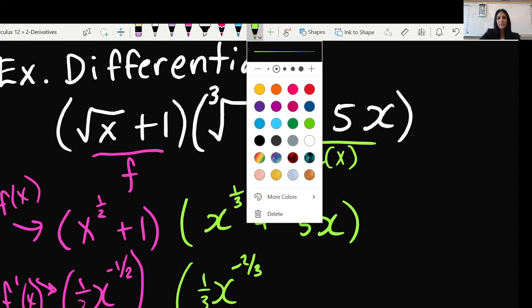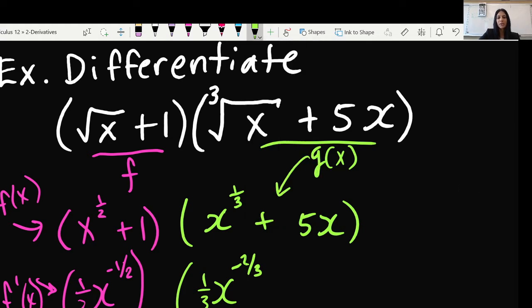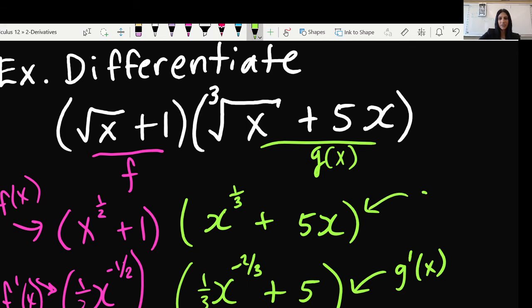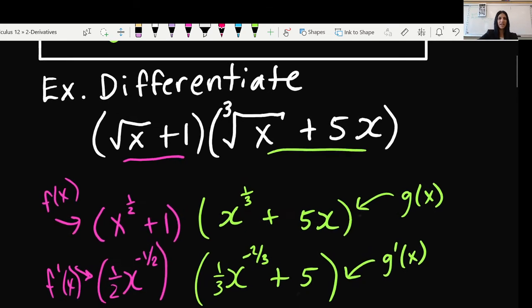And then for my second term, if I have plus 5x, when I take the derivative of this, I would just end up with a constant, which is plus 5. So this here is my g prime of x, and this here would have been my g of x. I'm going to redo that to make it a little bit cleaner and nicer to work with.